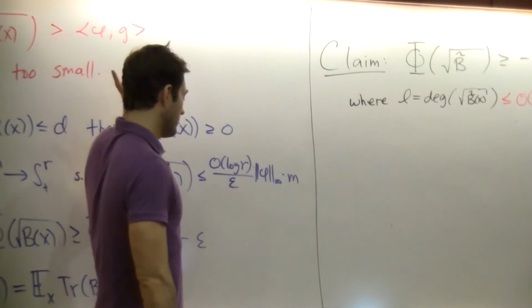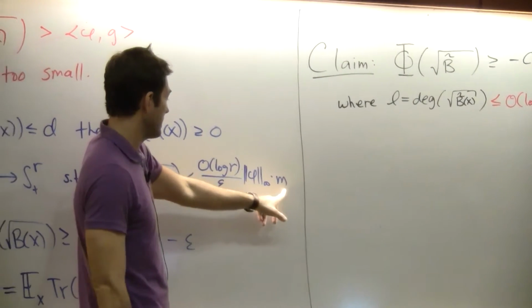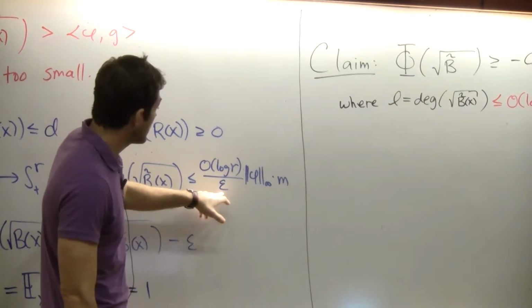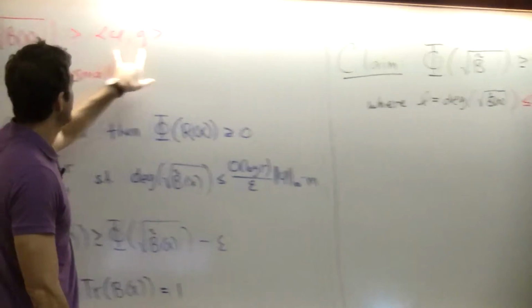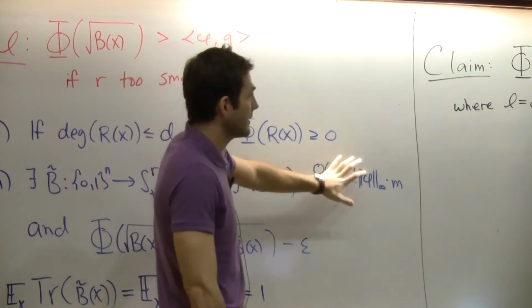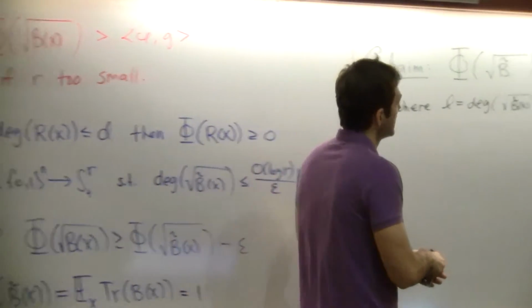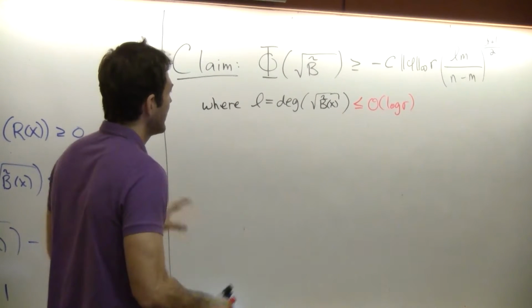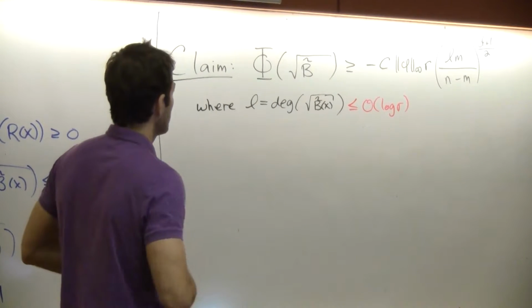N depends on g, it comes with the domain, so n is depending only on g. That's fixed. When we need to choose epsilon, well, we already saw it's this divided by 3. Again, something that depends only on g. So this bound is order log r, where you have to remember that there's a constant here depending on g. I'll tell you the dependence at the end, but I want to do the argument first.